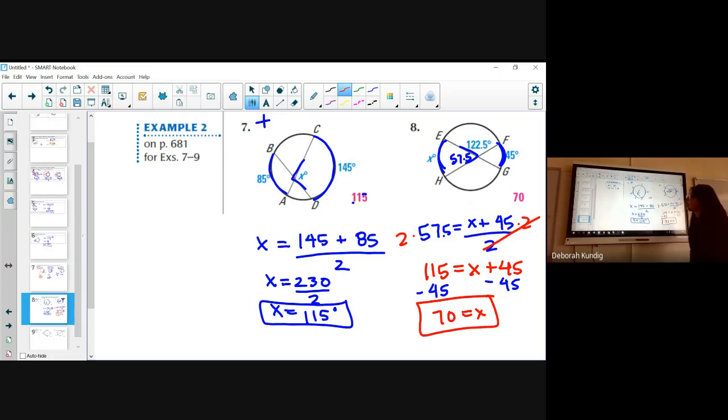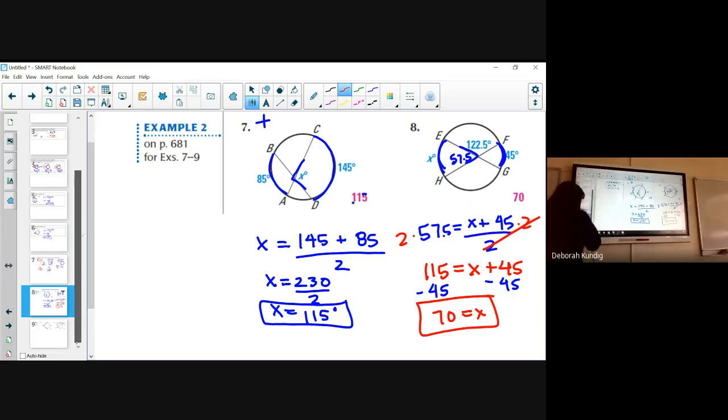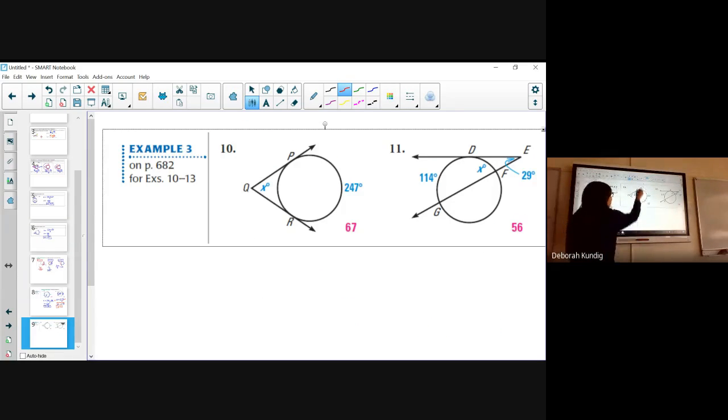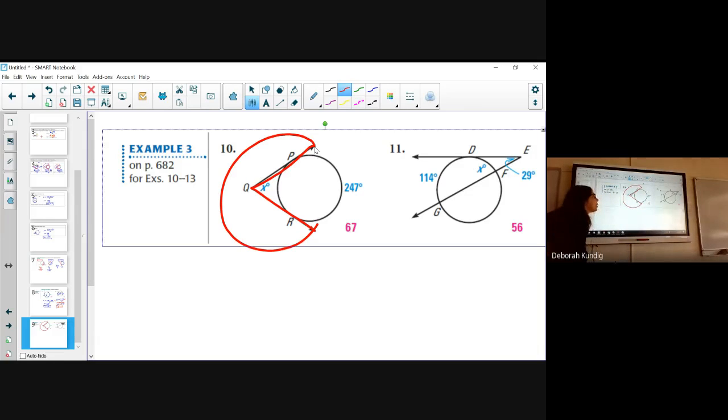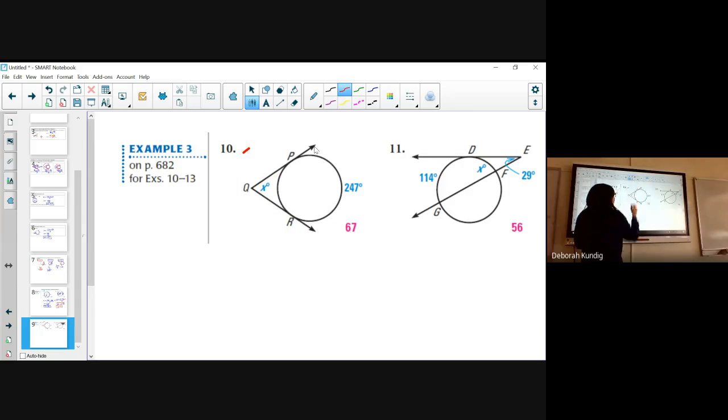Okay. A couple more examples. In example 3, I see my Pac-Man eating away that dot. So I know it's eating away at it, which means it's going to be taking away. So I'm going to say that this angle X is equal to the outer arc, 247, minus the inner arc.